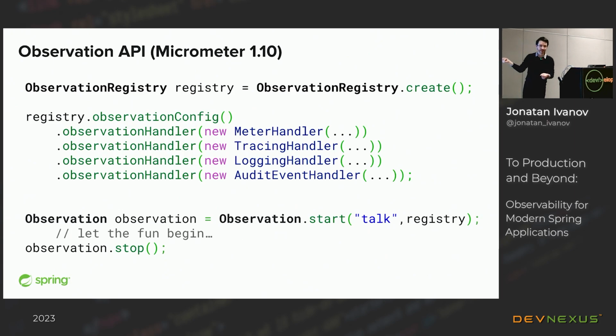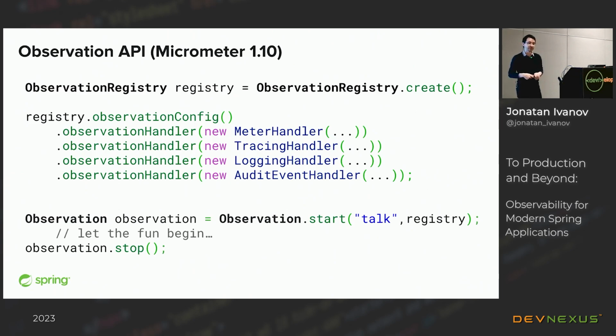Similarly, a tracing handler can start and stop spans. And if you want a logging handler, you can write that as well. Or if you want to write data into an audit table, you can just collect the data and just push it out.